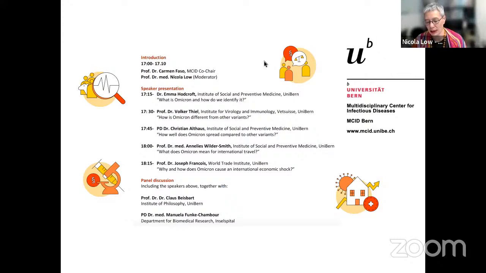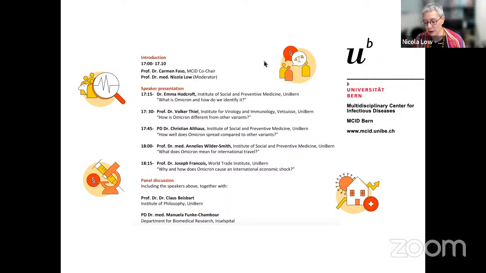Christian is head of the Interfaculty Platform for Data and Computational Science, known as INPUT, and he uses mathematical and computational modeling to investigate the population biology of infectious diseases and their effects on the effects of environmental change, host immunity, and public health interventions.